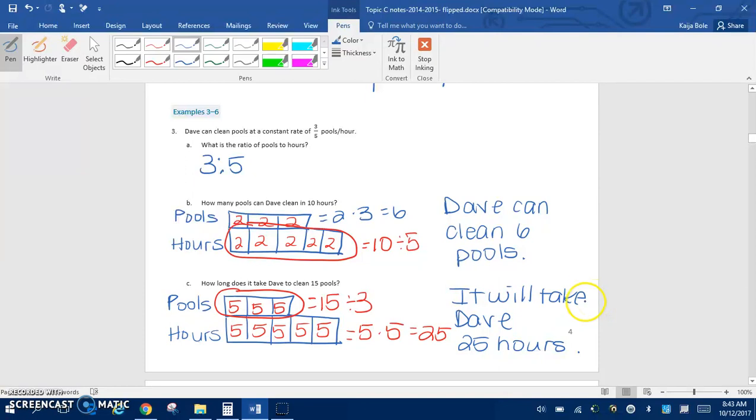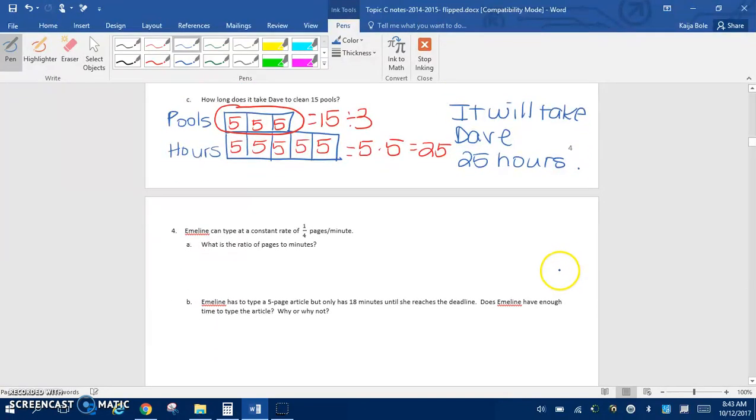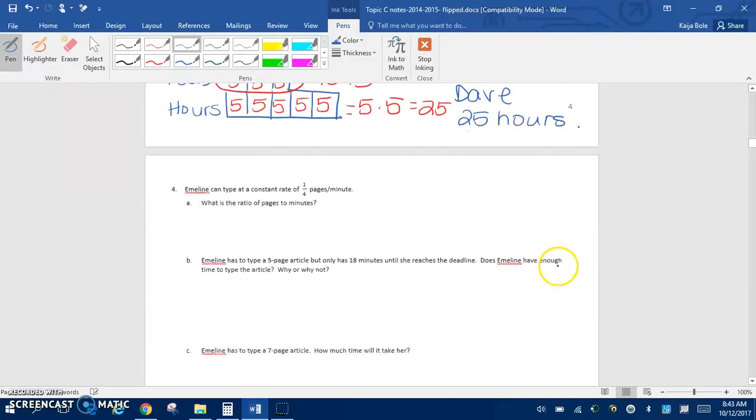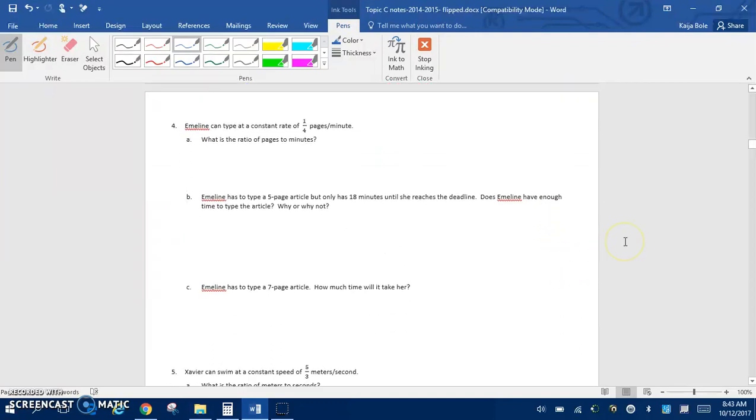Alright, so we're going to flip over to the next page now. We've got a new example here, example 4. It says Emily can type at a constant rate of 1/4 pages per minute. Part A says what is the ratio of pages to minutes?